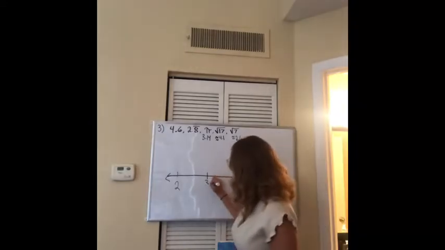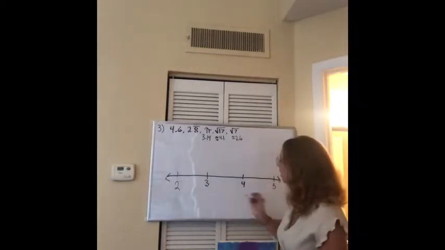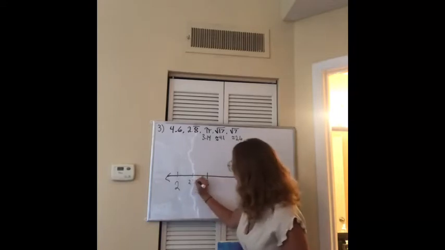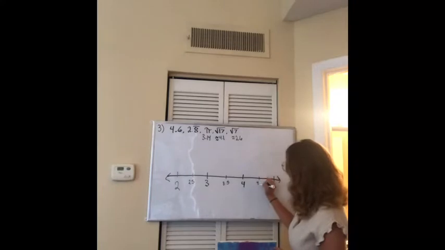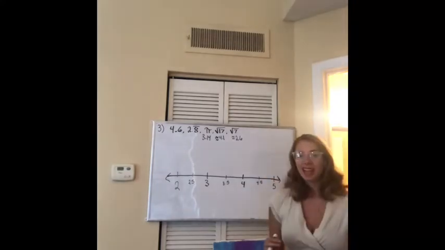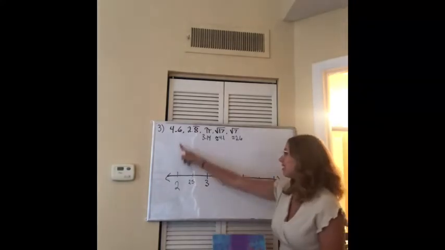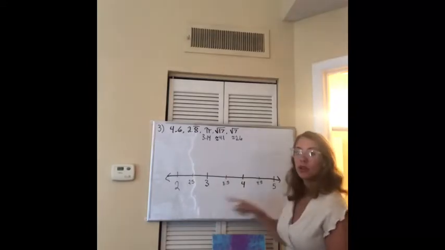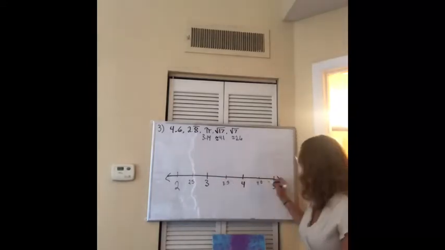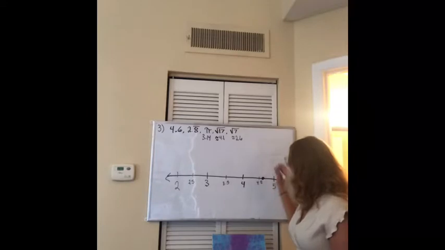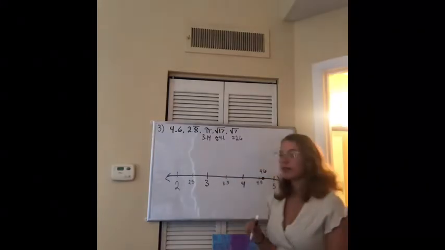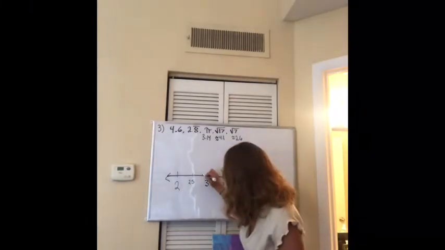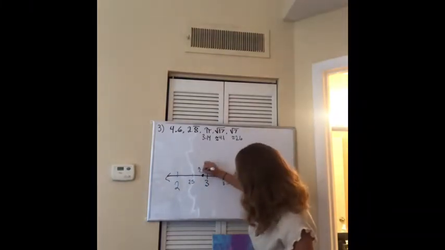That means that I need a 3 on here, I need a 4 on here, and I'll even label my 2.5, my 3.5, and my 4.5. And now all I need to do is put these numbers on this line. So 4.6 is right about here. 2.8 repeating is right about here.